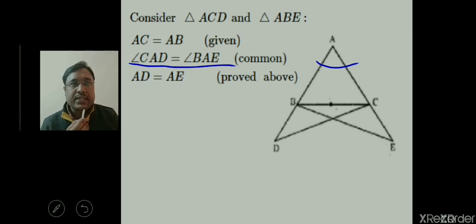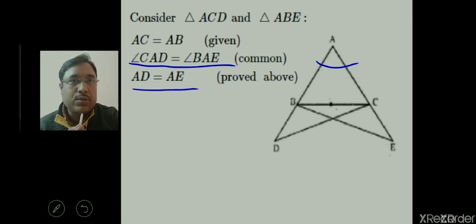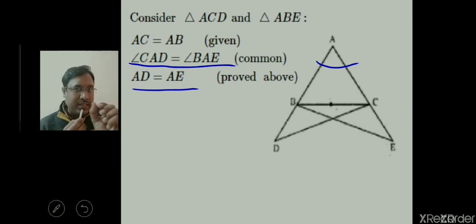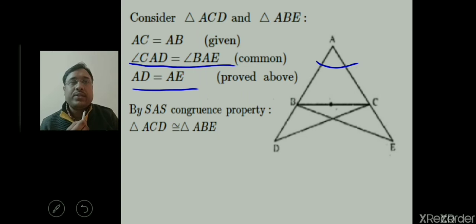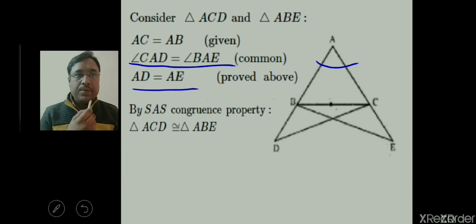Both represent angle A. And the next is that AD equals AE, which you just proved in the previous step. So again the condition is that angle CAD and angle BAE are lying between the two equal sides in the two triangles. Therefore by the side angle side congruence property, triangle ACD is congruent to triangle ABE.